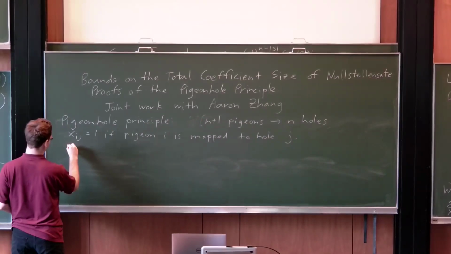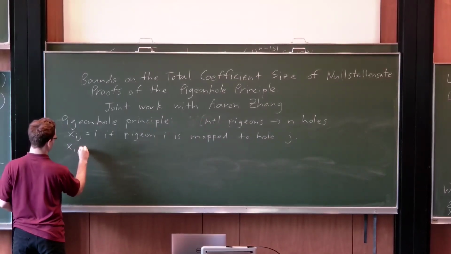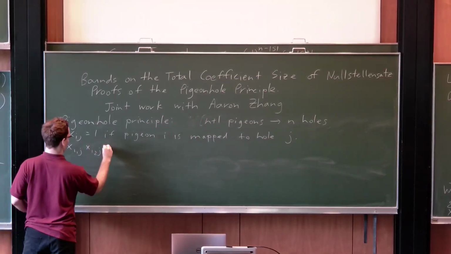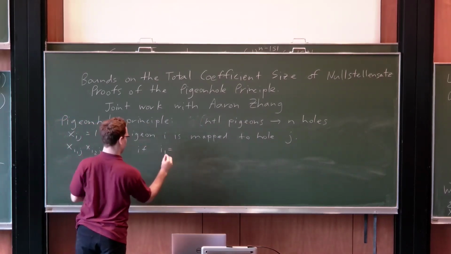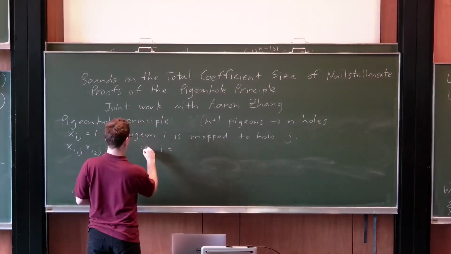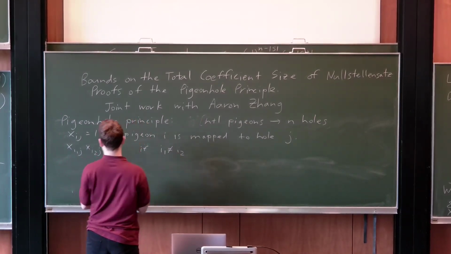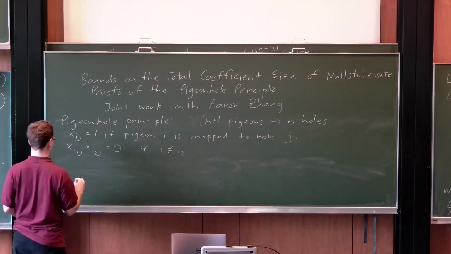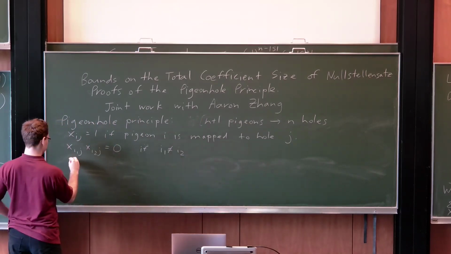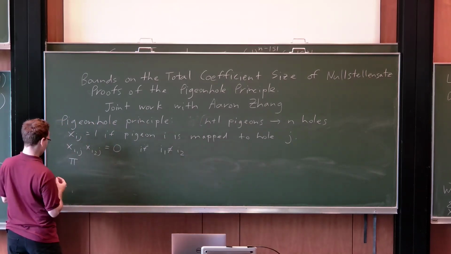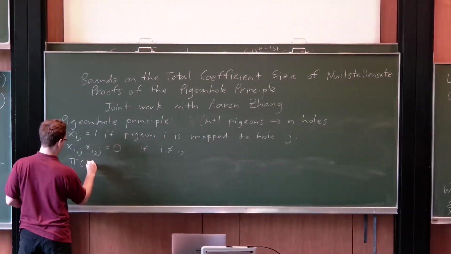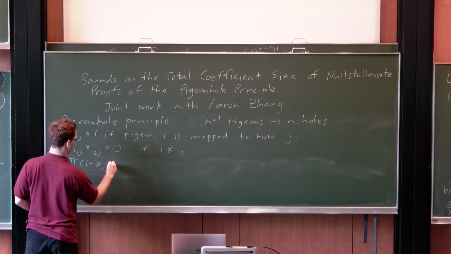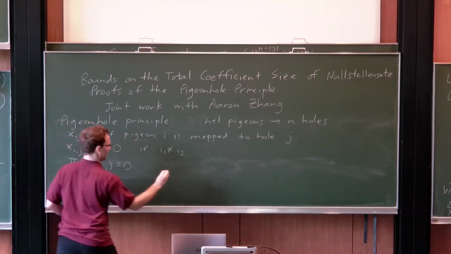And then we have the usual hole axioms: x_{i1 j} times x_{i2 j} equals 0 if i1 is not equal to i2. And for all i, the product over j of (1 minus x_ij) equals 0.